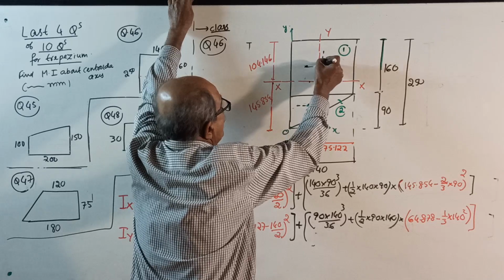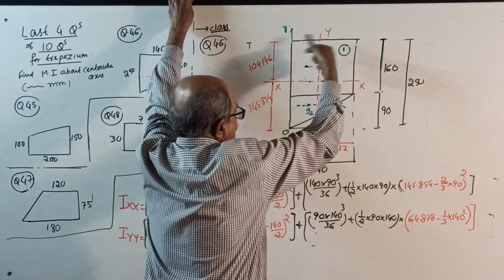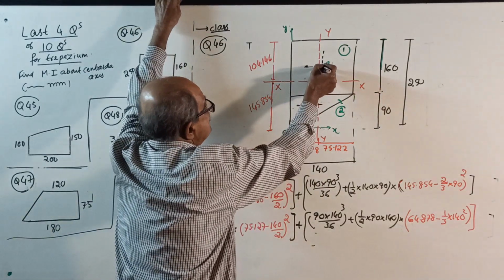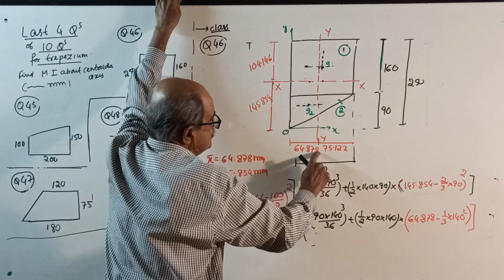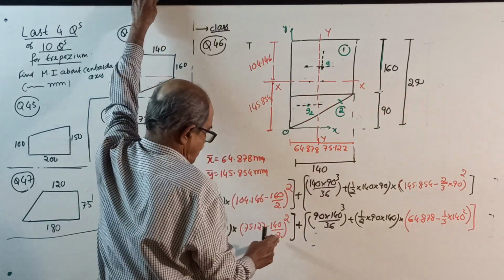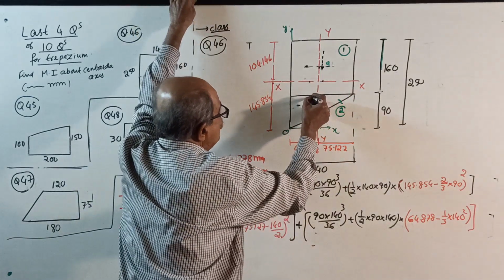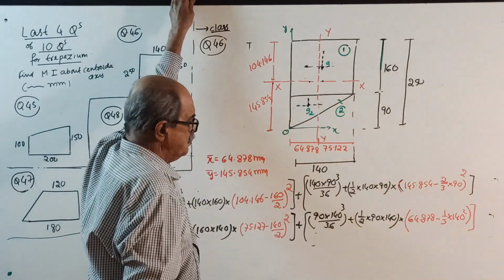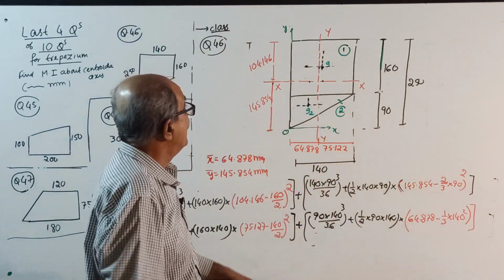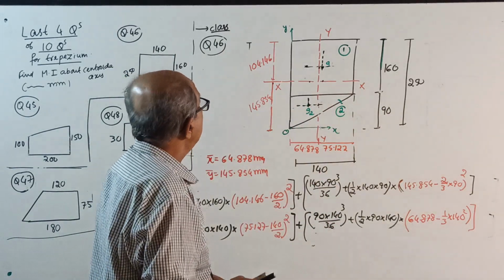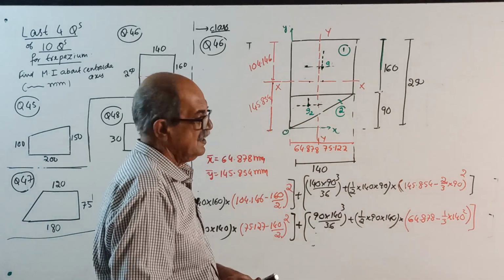I about its own axis. 160 into 140 cube by 12 plus area into this distance square is 75.122 minus half of 140. Here, I about its own axis. 90 into 140 cube by 36 plus area into this distance square, 64.878 minus 1/3 of 140.